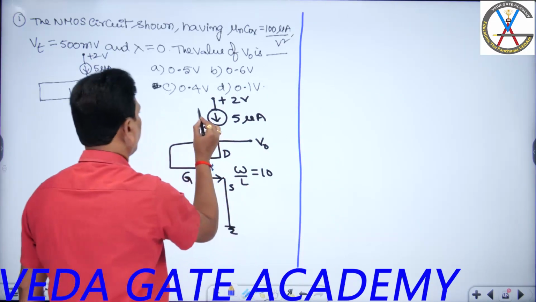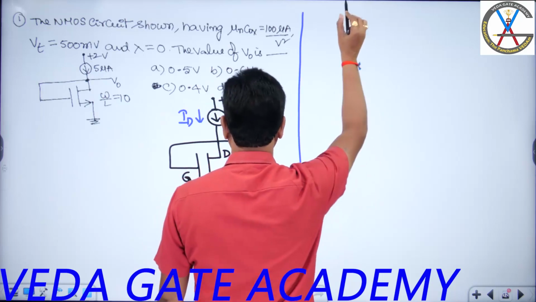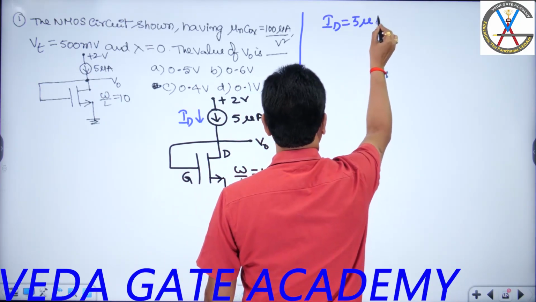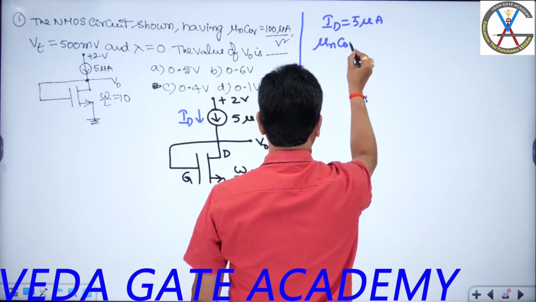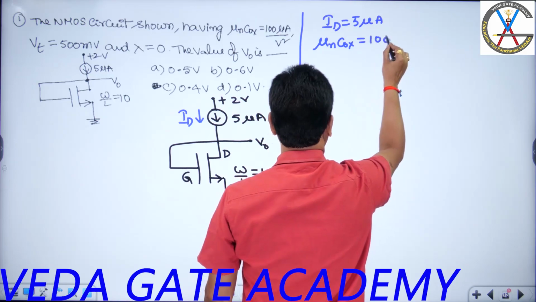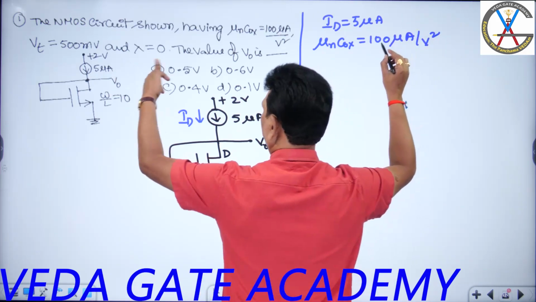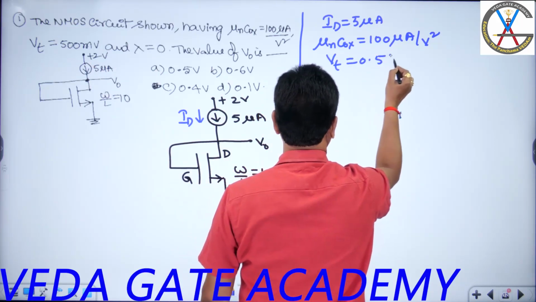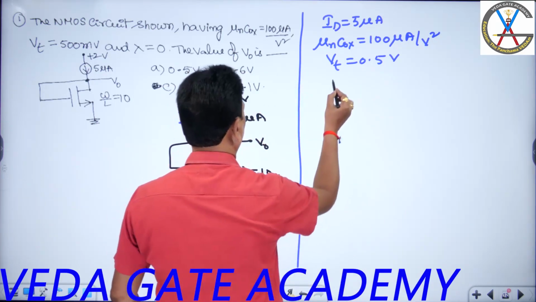This is the drain current. ID equals 5 microampere. Mu n COX is the transconductance parameter, 100 microampere per volt square. Lambda is 0. Threshold voltage 500 millivolt means 0.5 volts, sir. Aspect ratio is given as 10.